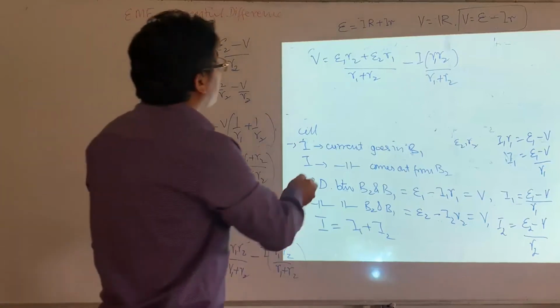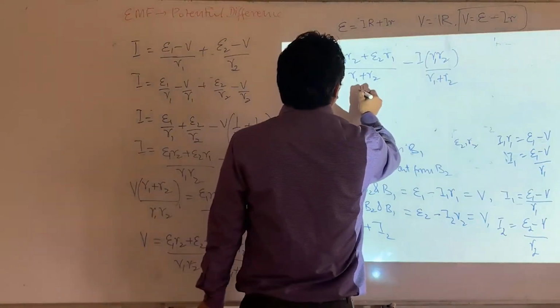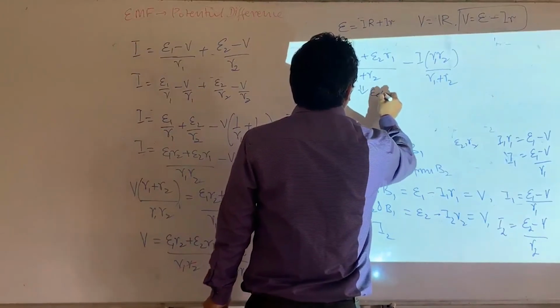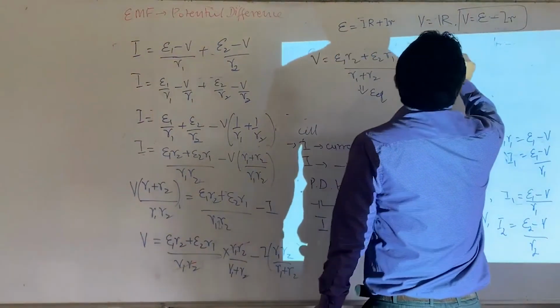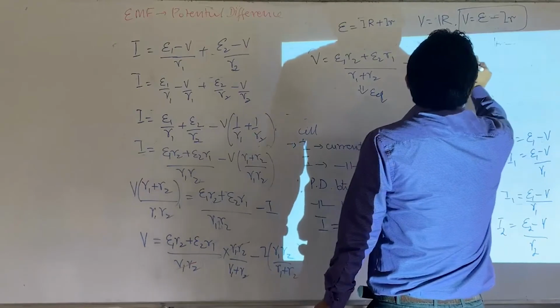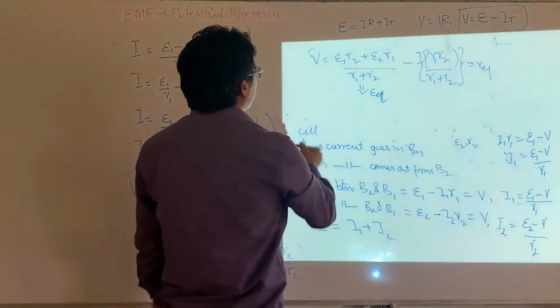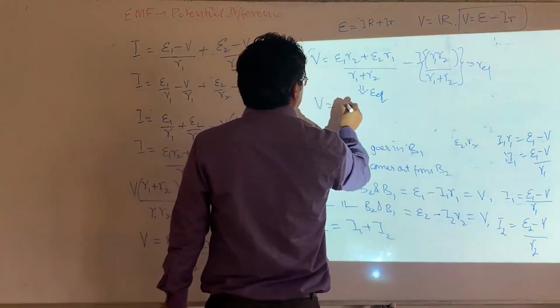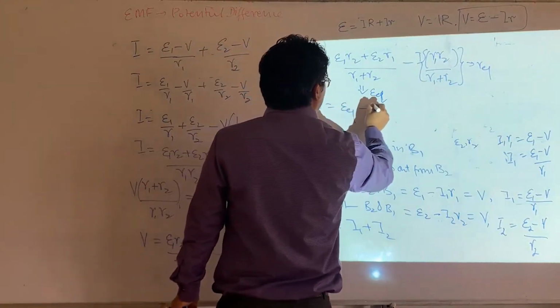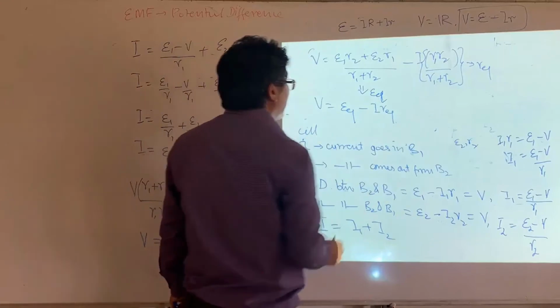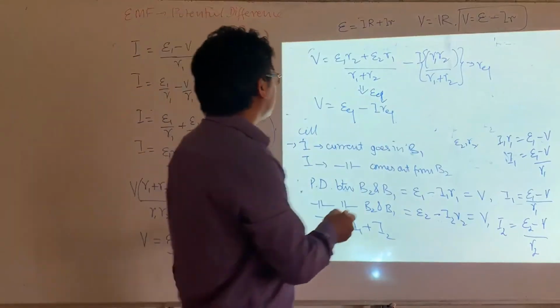And I said this is going to be the equivalent EMF. And this is going to be the equivalent internal resistance. Alright. So I can figure out this equation as equivalent EMF minus I times equivalent internal resistance.